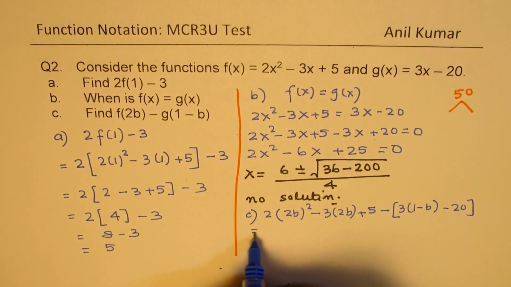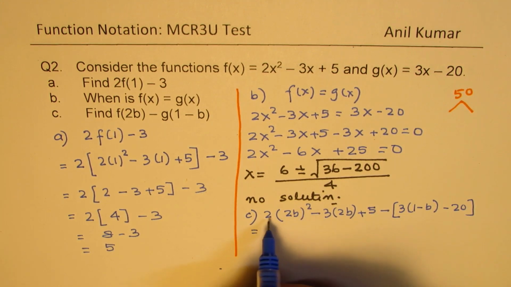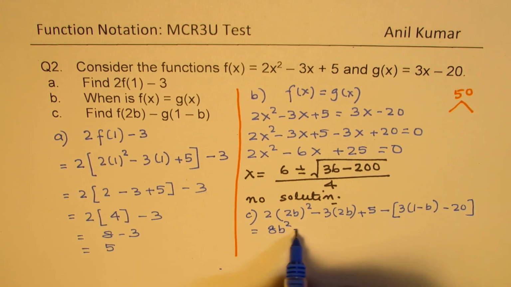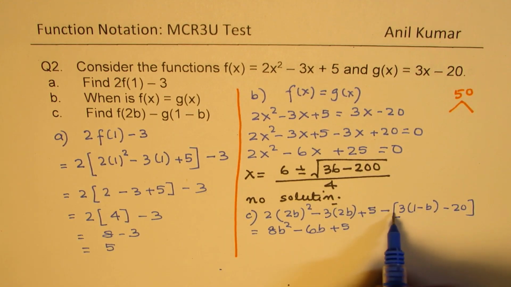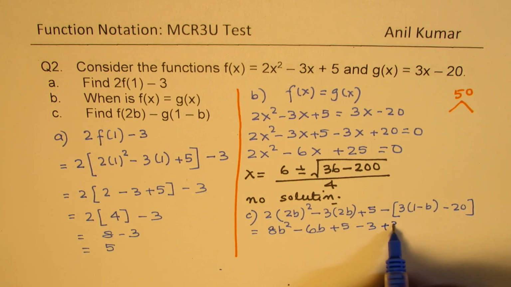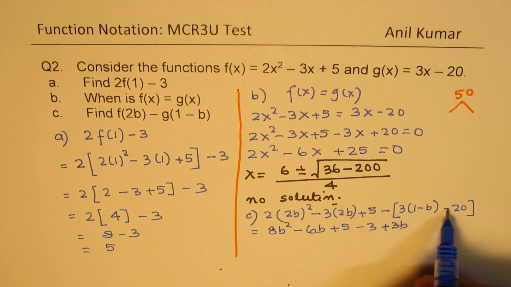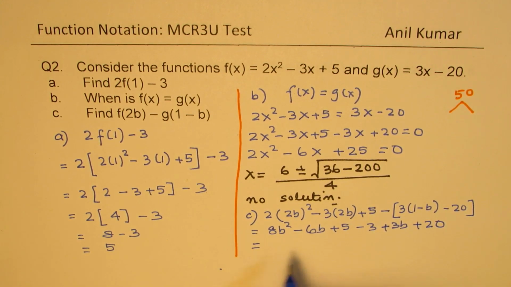Let's expand this. 2 squared is 4, so we get 4b squared times 2, which is 8b squared. Here we get minus 6b plus 5, open this bracket, minus 3, minus and minus becomes plus 3b, and minus and minus becomes plus 20. Now we can write this as 8b squared.